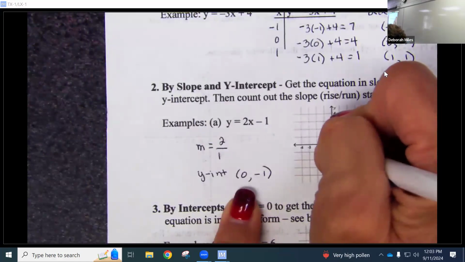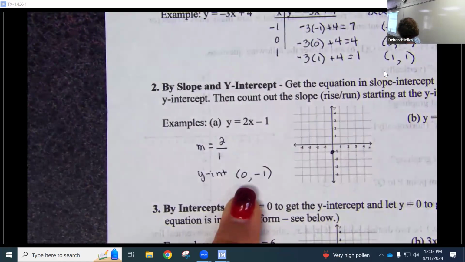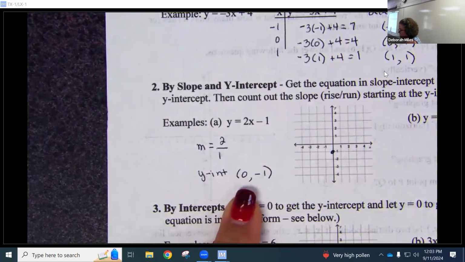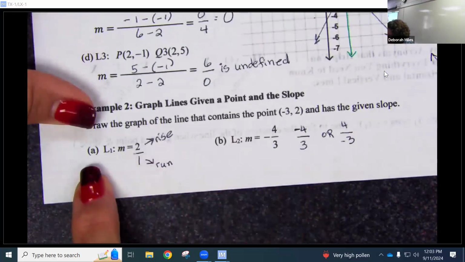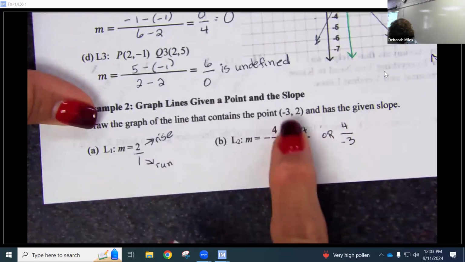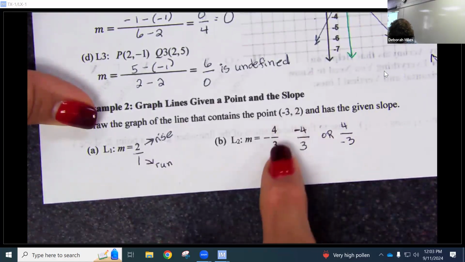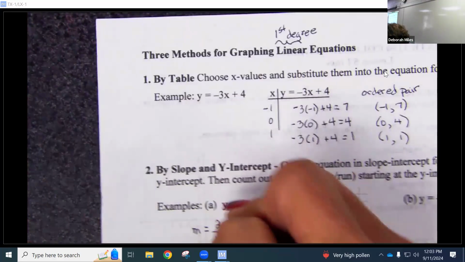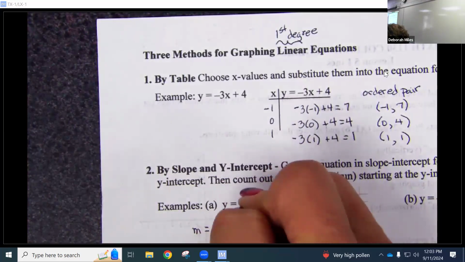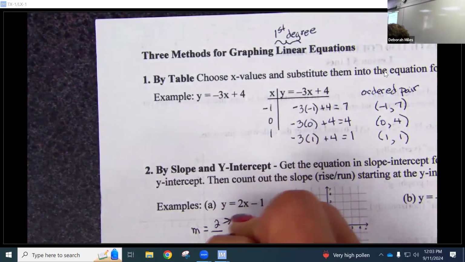So I'm going to plot that point, 0, -1, just like we did on A and B at the bottom of the page. I can start at the point that I'm given and then count out the slope, rise over run. That slope being 2 means 2 is the rise and 1 is the run.